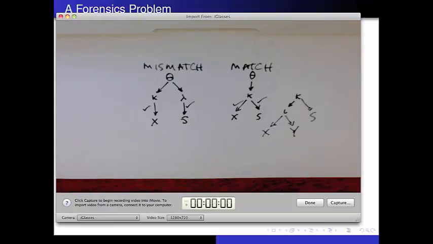We can make this model be on the order of 100 times less likely than this. Why? Because here we have to pay for that likelihood twice, and here we only pay for it once. Okay?